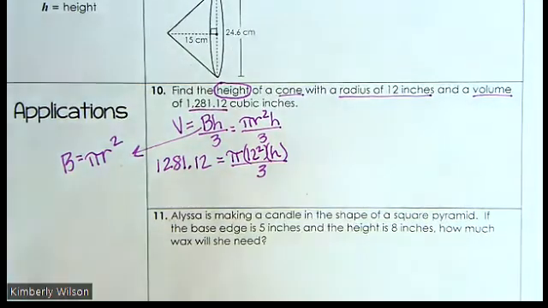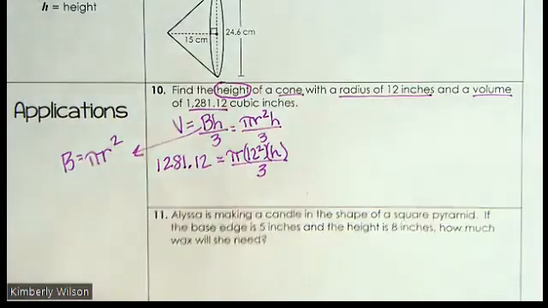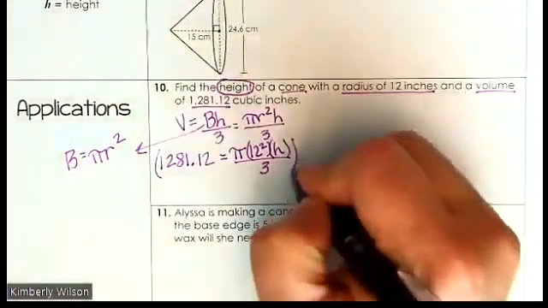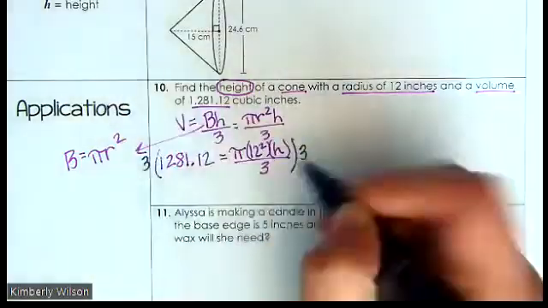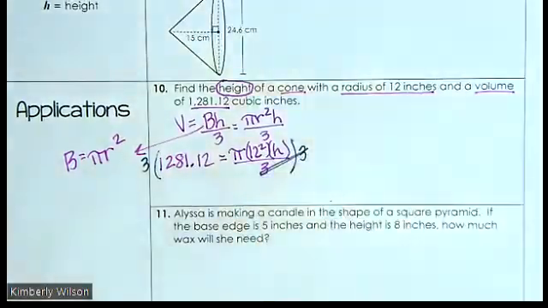Okay, now I'm going to start switching colors a little bit here to help. So first things first, I want to get rid of the fraction. So I'm going to multiply both sides by 3 to get this denominator to cancel.